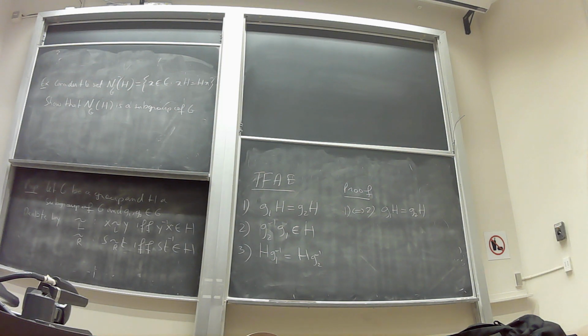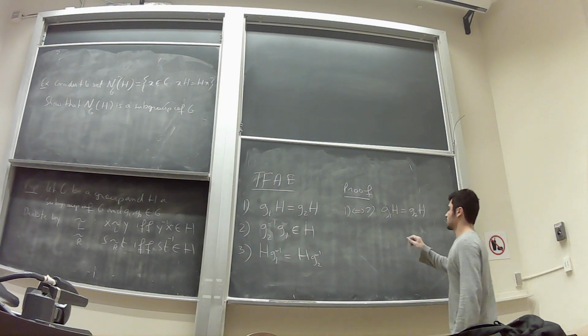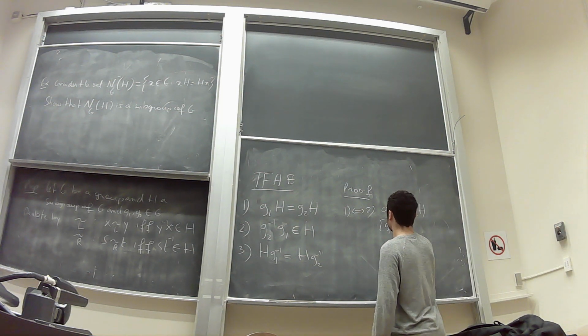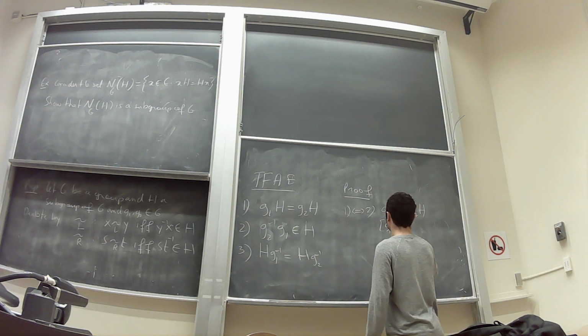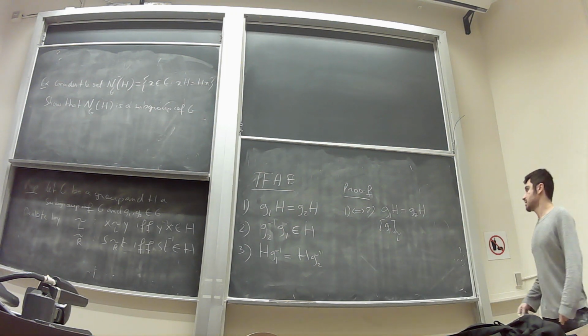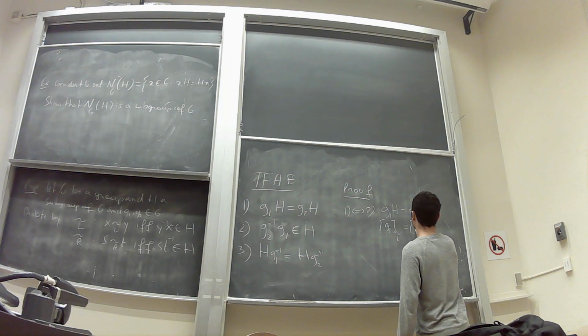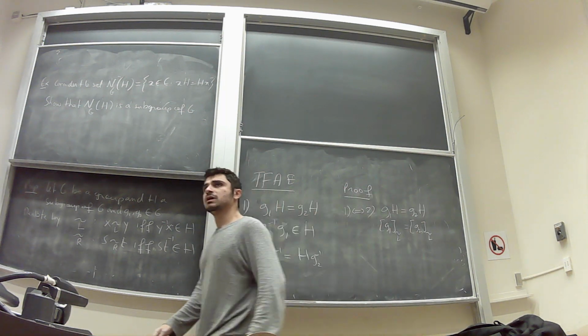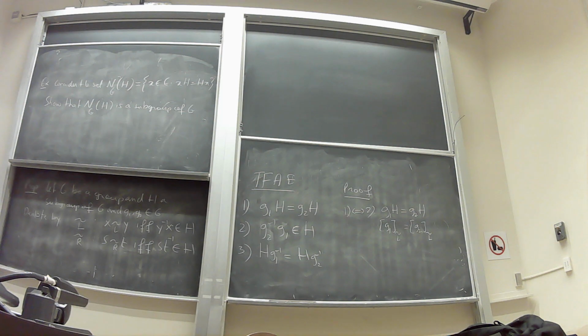What is the left coset that we get by multiplying everything on the left by G1? This is just the equivalence class of G1 under the left equivalence relation, right? And this is just the same as G2. Now, are we good here?